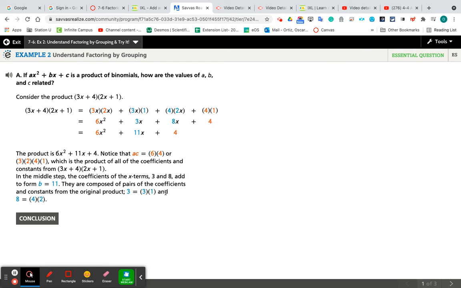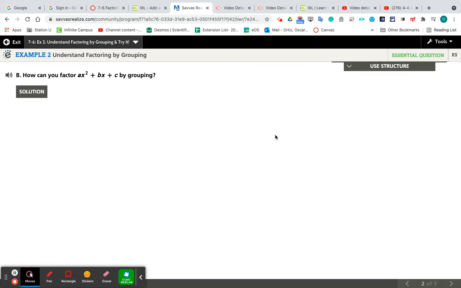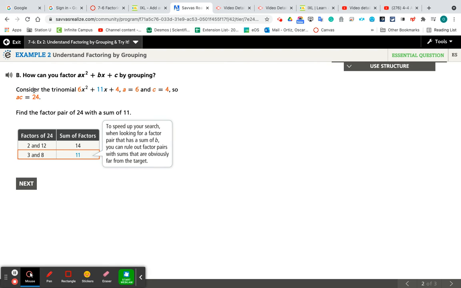So that gives us an idea as to how to find those numbers when we are trying to reverse the process. Given the trinomial, find the factorization of it. So let's see how that is applied in factoring.